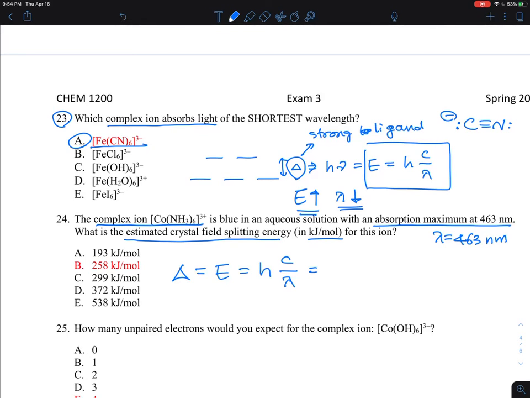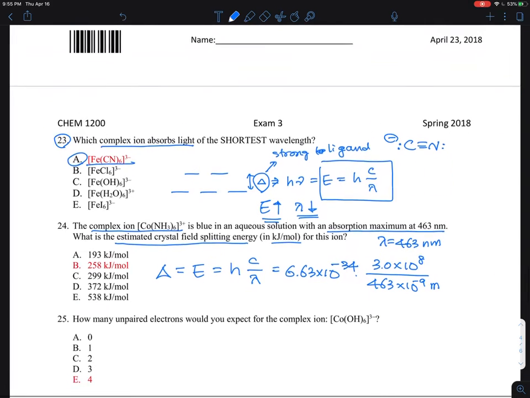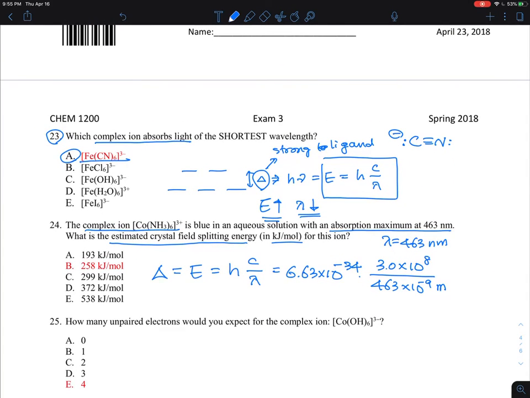Okay, stay with me for a couple of minutes and let me finish this. Planck's constant is 6.63 times 10 to the minus 34 joule second, and the speed of light is 3.0 times 10 to the 8. I'm just using the meter base unit. Lambda is 463 times 10 to the minus 9 meters.